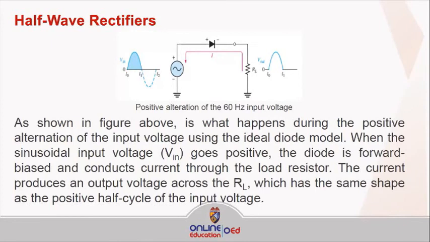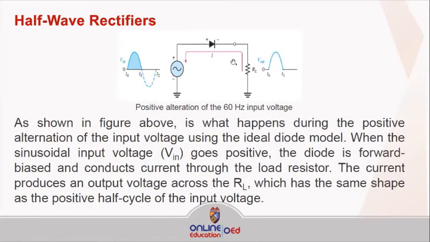Continuation. As shown in the figure above is what happens during the positive alternation of the input voltage using the ideal diode model. Okay, as you can see, these are the positive alternation of the input voltage. Using an ideal diode model, when a sinusoidal input voltage, Vin, goes positive, the diode is in forward bias.